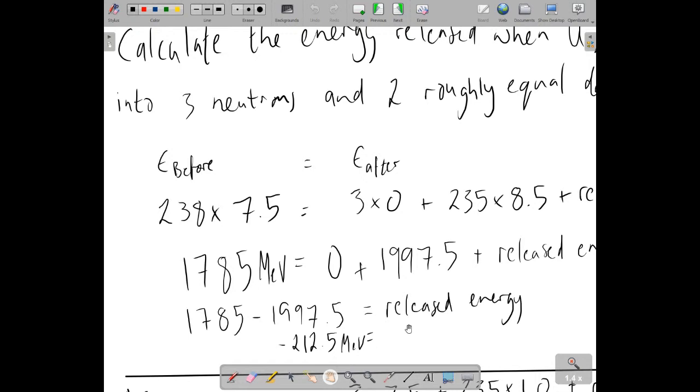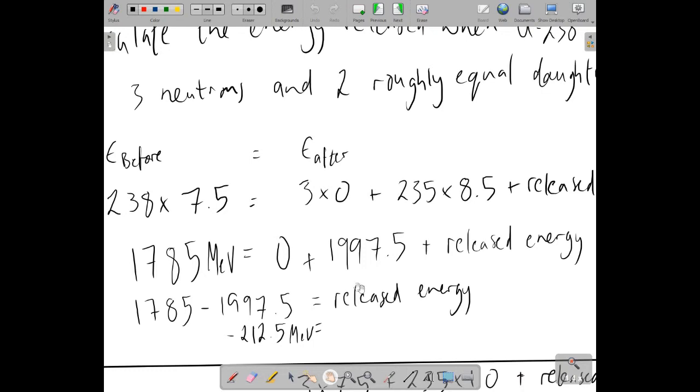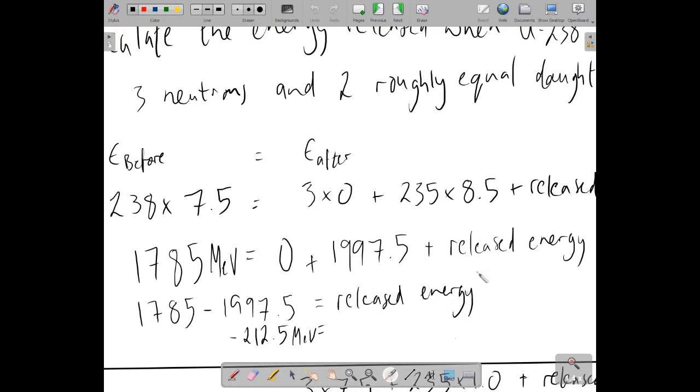Energy is still conserved, but now we need to consider that energy and mass are interchangeable. So mass and energy have to be conserved. So I had 235 nucleons after. I had 238 before. And I'm going to release some energy. So this released energy here, that's going to be the energy released in this fission reaction.